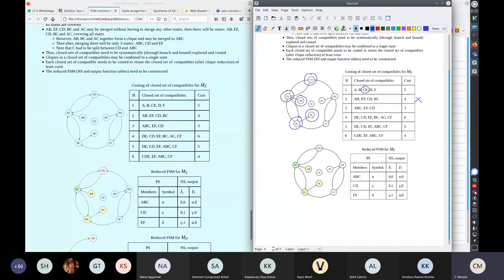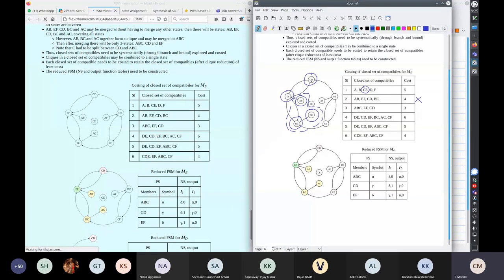But interestingly, you find that AB, BC, and AC, if you take this, you have a clique over here. So you have AB, BC, and AC together as a clique. All right.